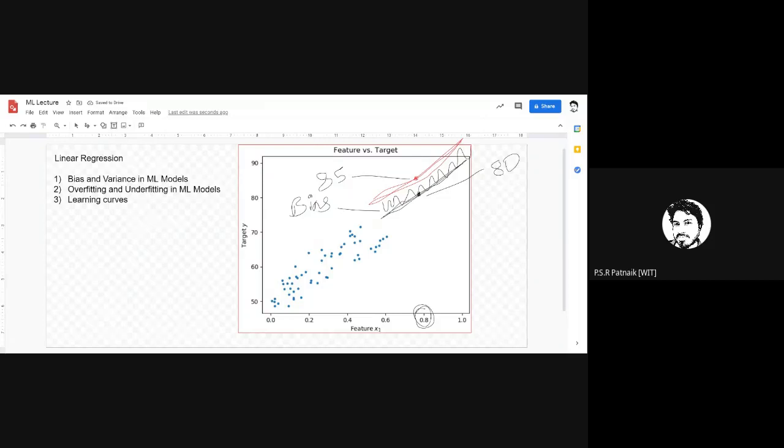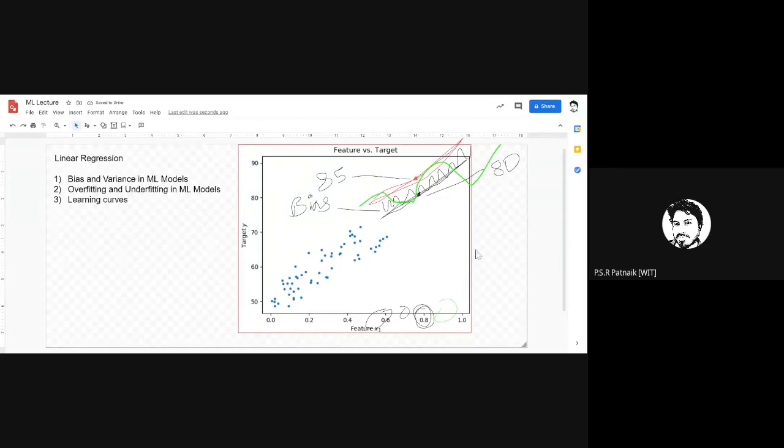Now, for 0.6, let us suppose I have 0.6, 0.7, 0.8, and all these other lines. So let us suppose this is my machine learning curve, somewhat that's how the machine learning has guessed this line.